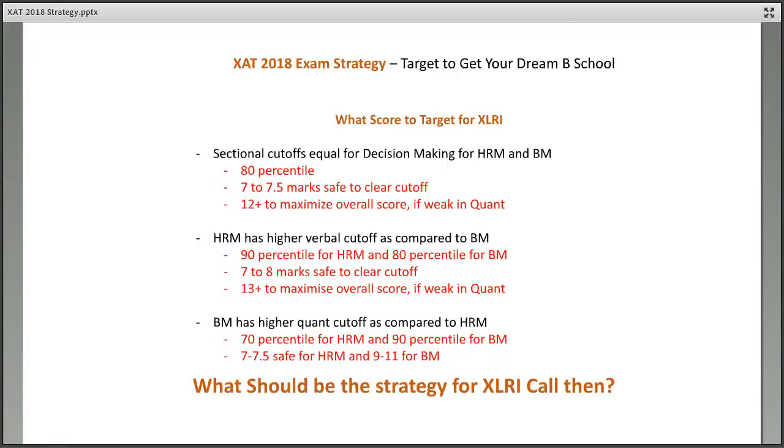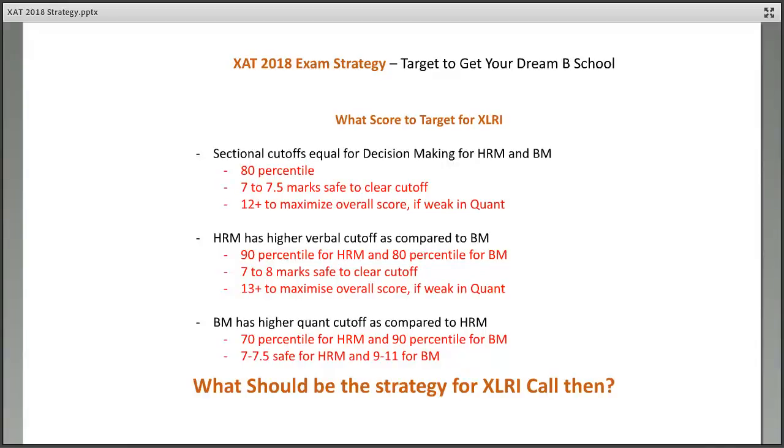Now if you are weak in quant and say you are targeting HRM or even BM, your baseline aim in the quant section should be just to clear the cutoff. And then you can maximize your score through the verbal and decision making sections.